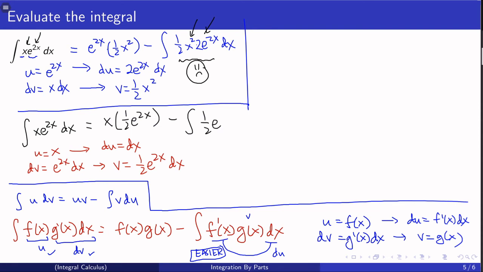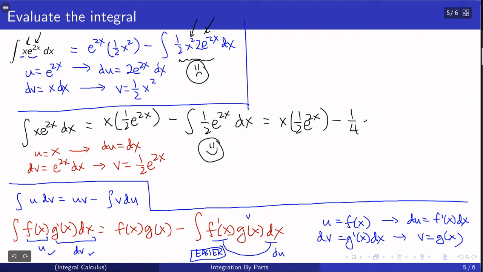Oh sorry, this shouldn't have a dx here. V is 1/2 e to the 2x, du is just dx. This is actually what we want, because now this is just a simple integral: one-fourth e to the 2x plus c.